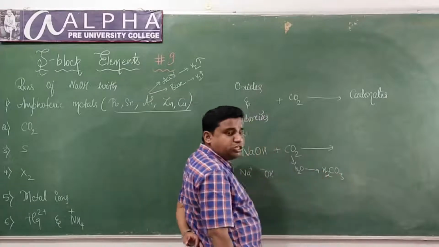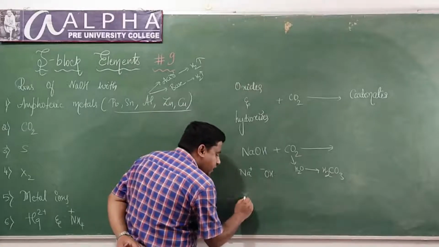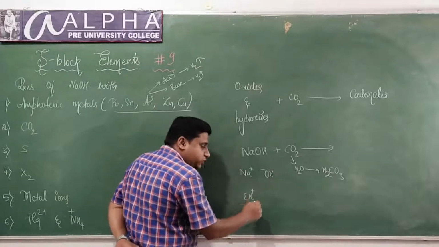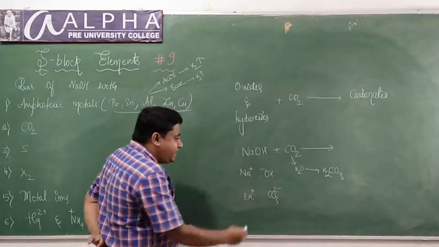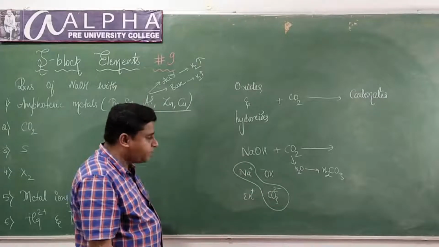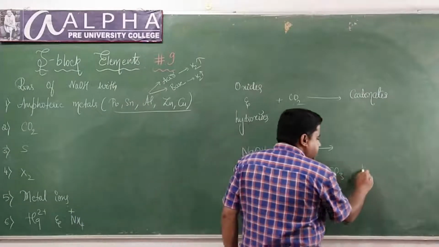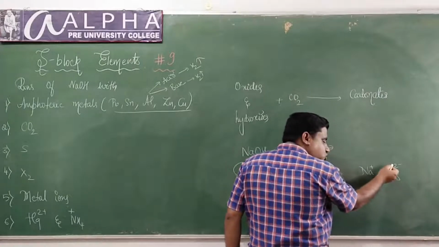Which are the ions present in carbonic acid? The ions present are 2H+ ions and CO3 2- ion. So now interchange the ions, Na+ ions with CO3 2-. Again, the crisscross method.